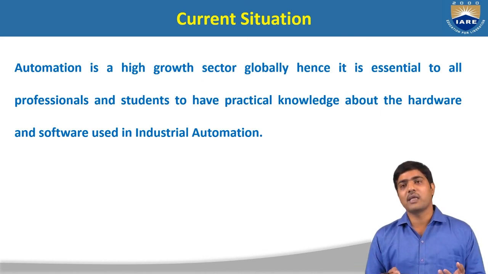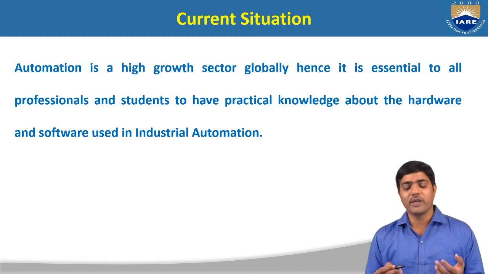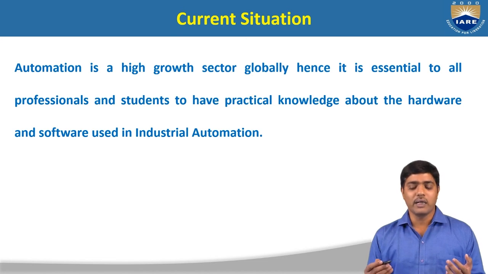So within this industrial automation course, we are going to discuss hardware components, like the various sensors, the various industrial drives, and the various machinery used in industrial automation. And we are also going to discuss the software aspects, like how we can program programmable logic controllers, within this course.